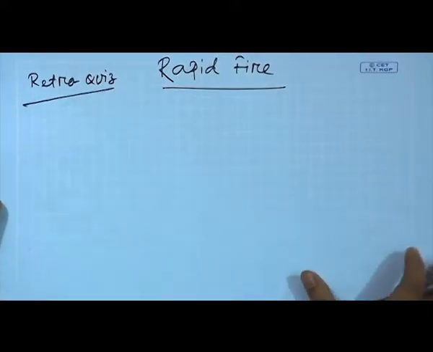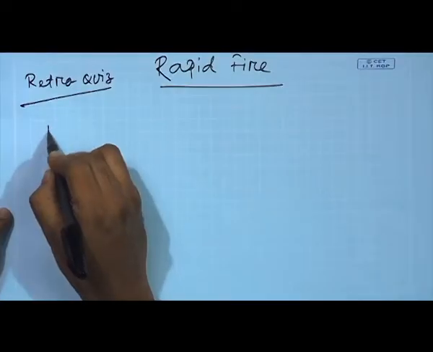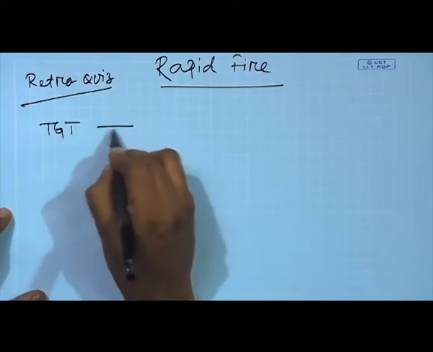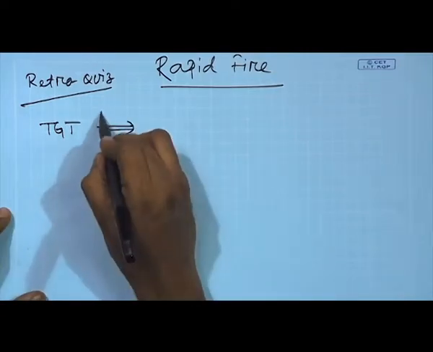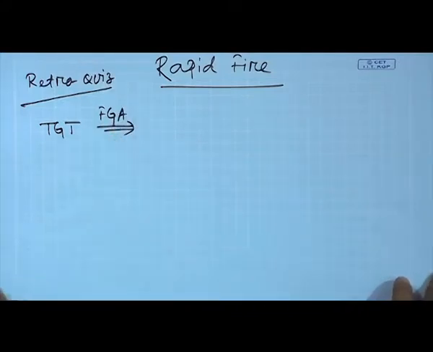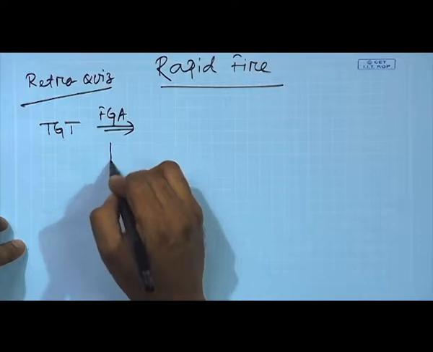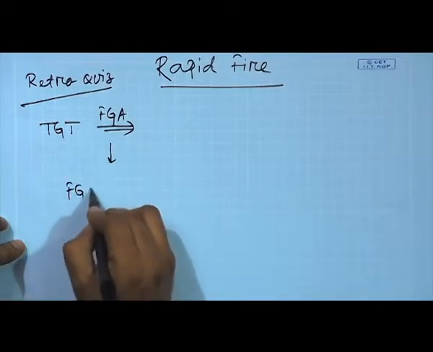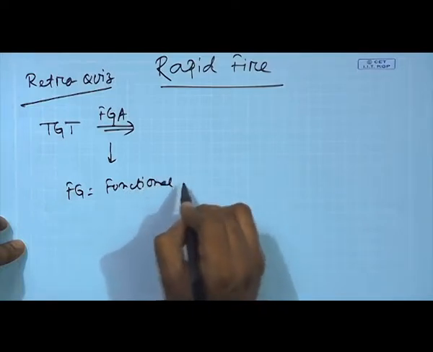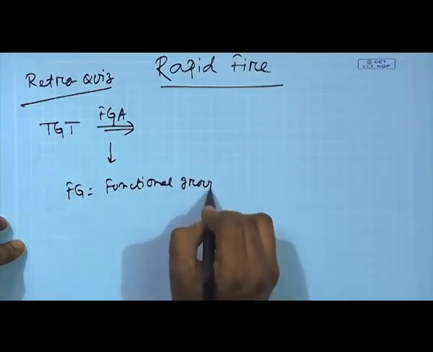Now, during the study of this retro quiz, we will talk about different terminologies. Probably you are familiar with the terminology TGT, the target molecule. Now, I am trying to put some abbreviations which you may not have heard. It is called FGA. FG stands for functional group. Any functional group can be called FG.